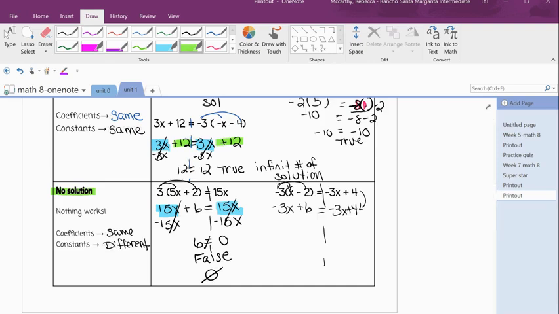Now I notice that these are the same. My coefficients are the same. I'm going to add 3x because that's how I would get rid of them, send it to one side, but they both disappear and I'm left with 6 equals 4. This is never true, so this is false, which gives me no solution.